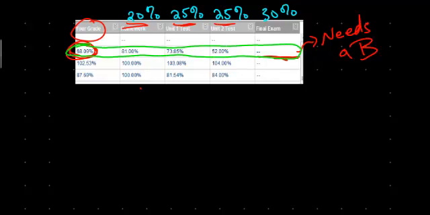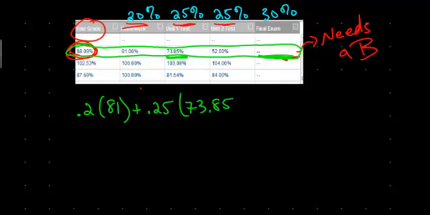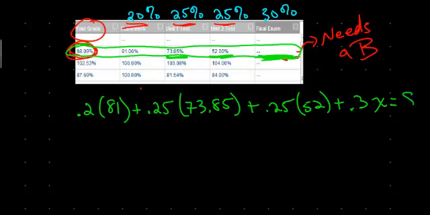We want to figure out what that student needs on the final exam that's worth 30% to get a B. So I would look at this as 0.2 times 81 plus 0.25 times 73.85 plus 25% times that 52 plus 0.3, and I'm going to say times x because I don't know what it is, but I know when this is done I want this thing to be an 80%.